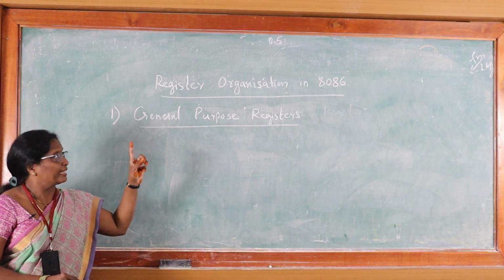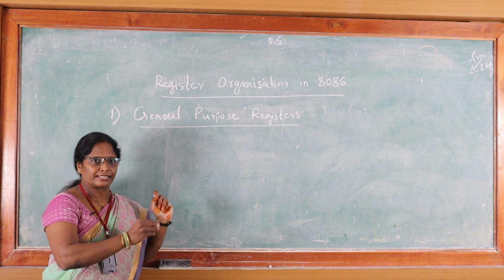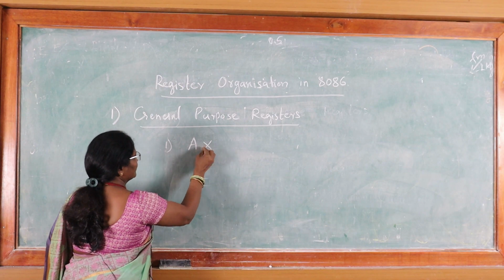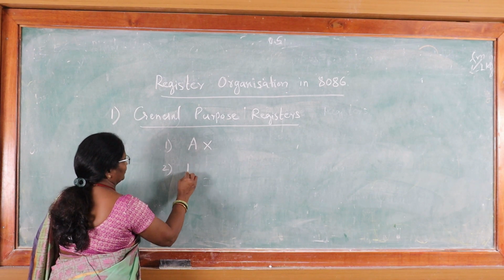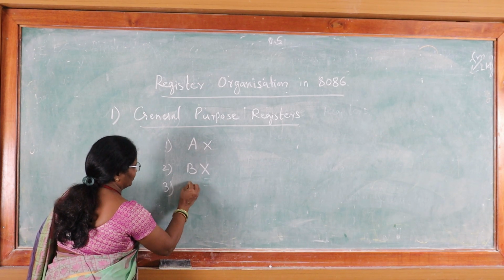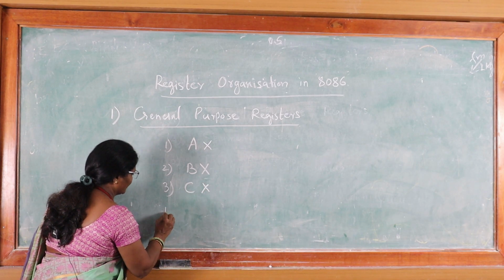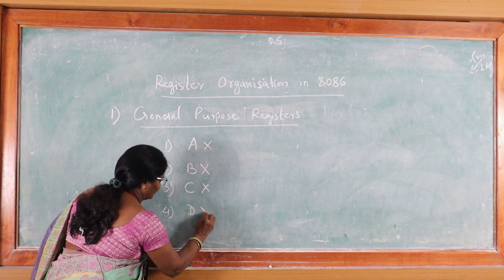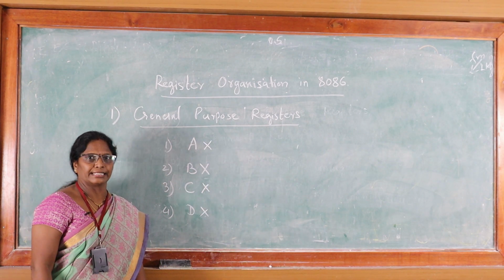In 8086, there are 4 general purpose registers: AX register, BX register, CX register, and DX register.